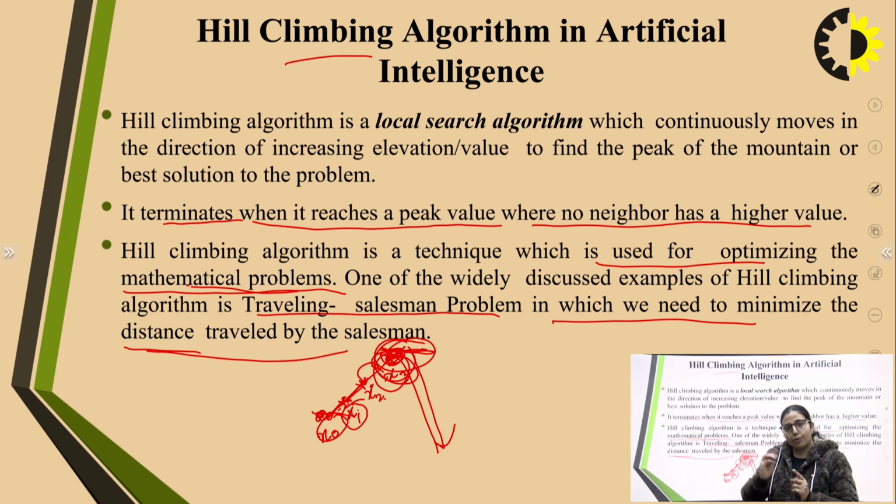If we are traveling from A to B, then it has some distance. If we are traveling from B to C, then it has some distance. So, the traveling salesman problem indicates which route has the minimum distance. If the salesman travels all the cities with the minimum distance, then that problem is the TSP problem, which can be solved using the hill climbing algorithm.